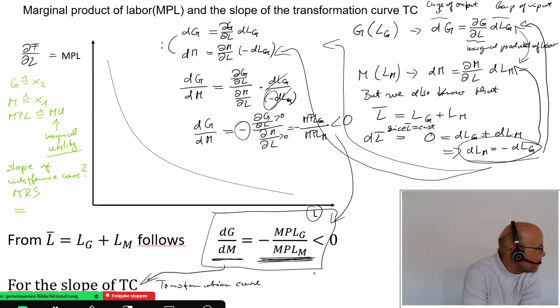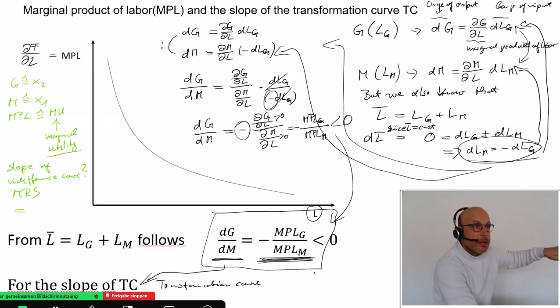No, we are not now in the production view. We are here now in your microeconomics course. What was the marginal rate of substitution, the slope of the indifference curve, not in the optimum, but in general?